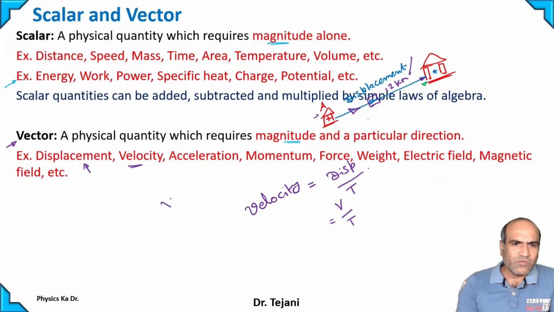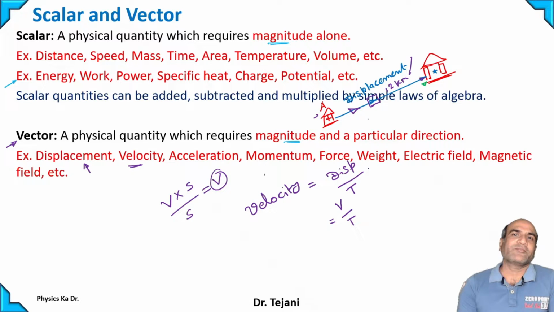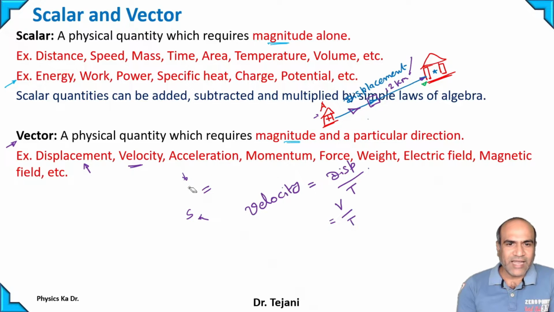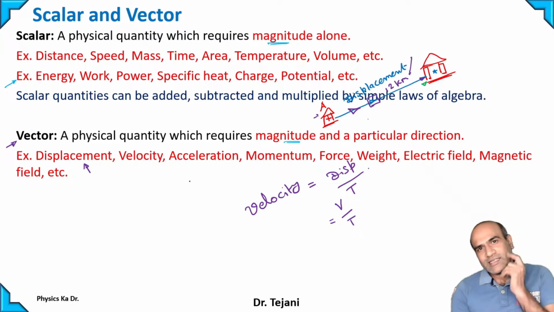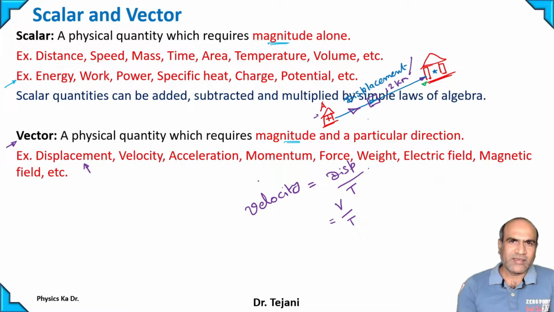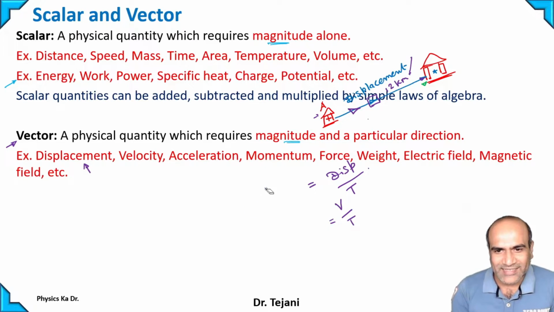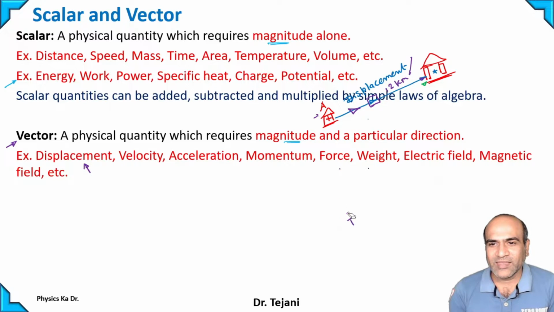If multiplication of vector with a scalar, or vector division by scalar, ultimately we will have a vector quantity. Remember this, right? Vector multiplied by a scalar quantity always gives us a vector quantity. We need direction in terms of velocity also. Therefore, is velocity a scalar quantity? No, it's not a scalar. It is a vector quantity.